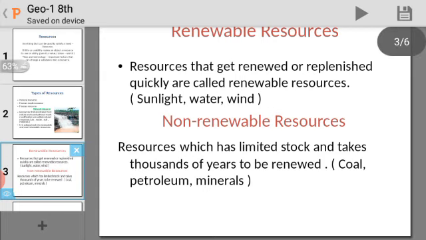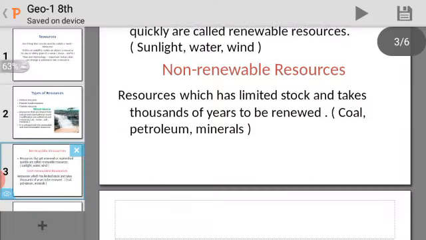If we use these resources continuously, then they will get over, they will finish, like coal, petroleum, minerals and all these kinds of things. So it is better to reduce the consumption of such resources that will get exhausted early and which take thousands of years to be renewed again.